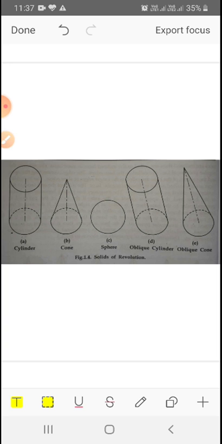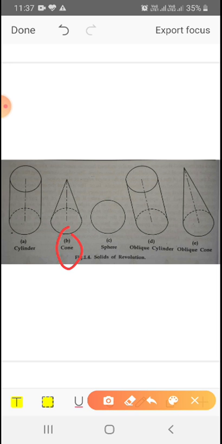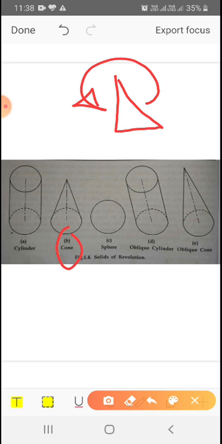You can see figure B. When a right angle triangle is revolved about one of its sides, the hypotenuse of the right angle triangle generates a cone.